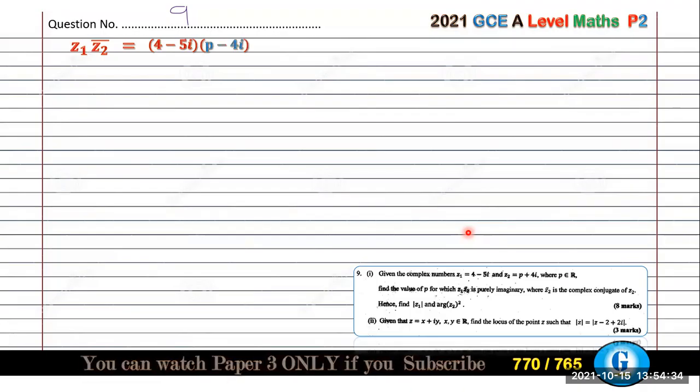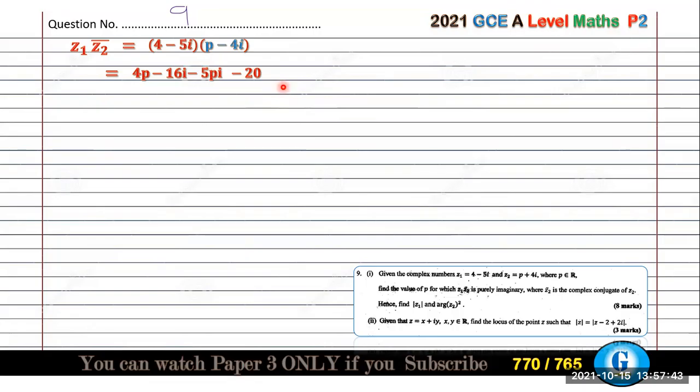Okay. So when we expand this, let me look at this one again. So we have 4p minus 16i minus 5pi minus 20.